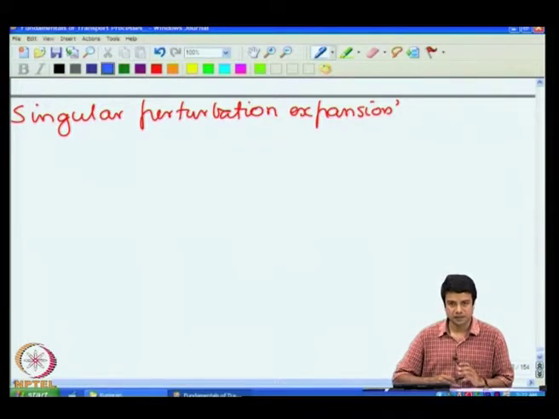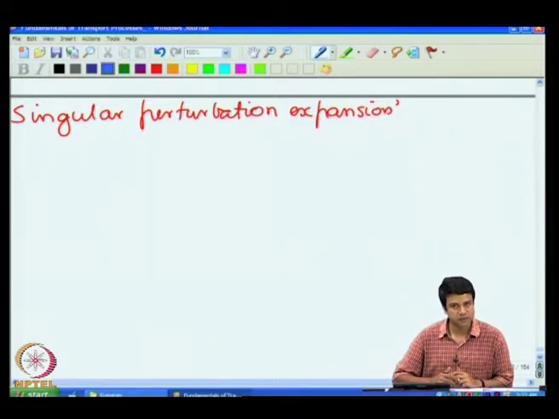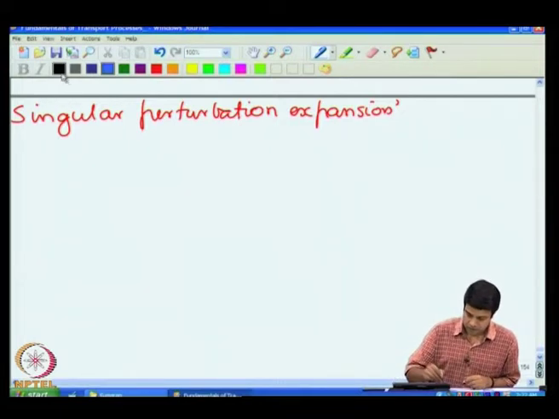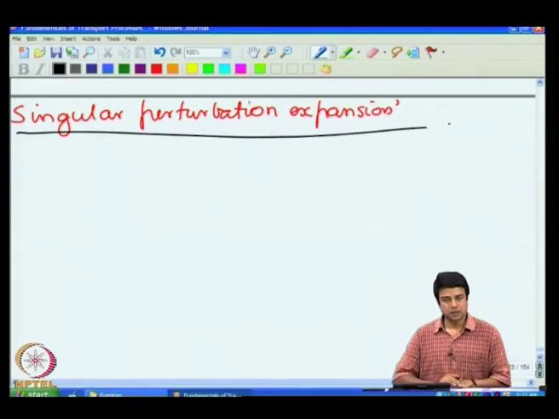And the thickness of that layer is basically determined by this very balance requirement, that in the limit Reynolds number goes to infinity, there should continue to be a balance between convection and diffusion within this layer of thickness delta, which is small compared to the macroscopic size. So, that is where we are right now.